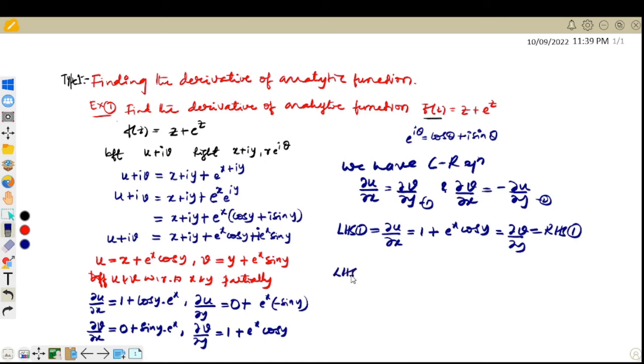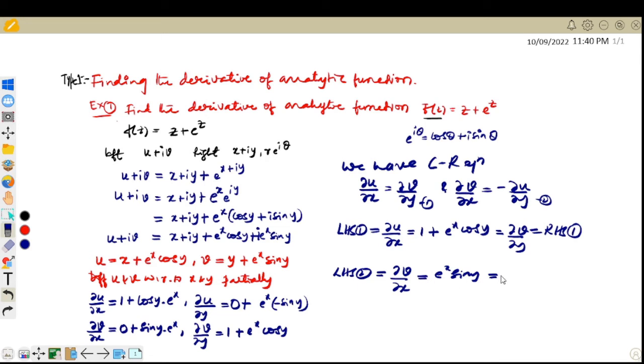Similarly, go for LHS of 2. What is LHS of 2? Dou v by dou x. Dou v by dou x is e raised to x into sin y.